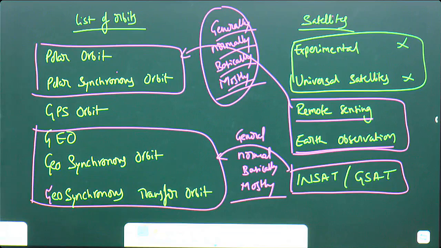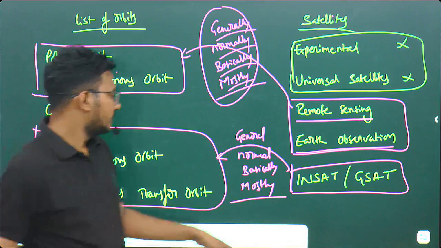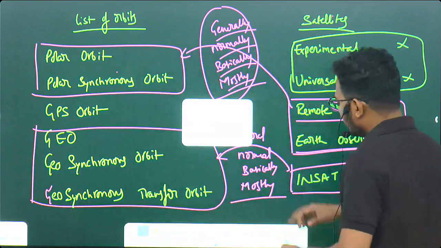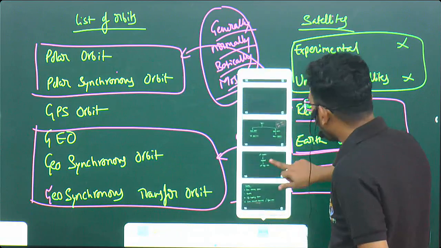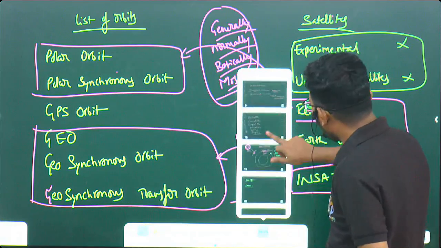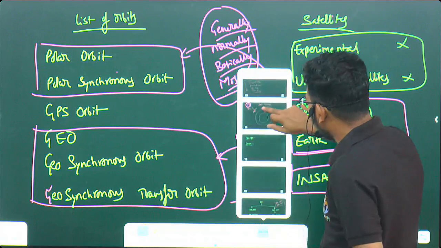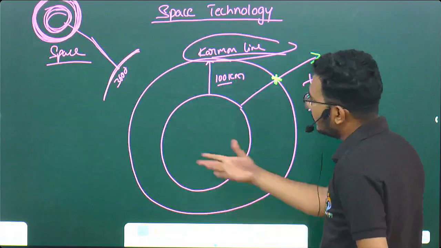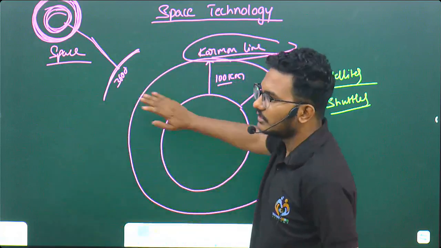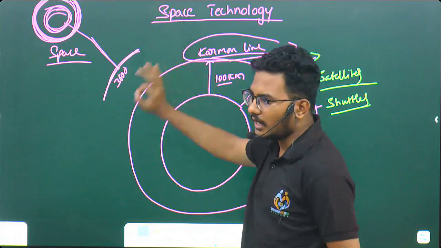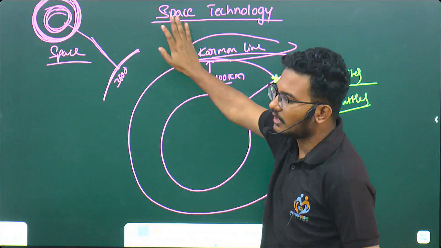Okay, fine, done. In today's class we started with the definition of space. I have already told you that in today's class we are not going to learn anything new; we'll learn the things which we already know. One is space: anything above the Karman layer, 100 kilometers above the Earth's surface, is called space.